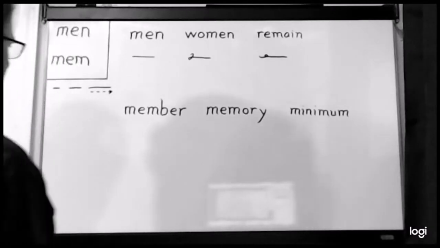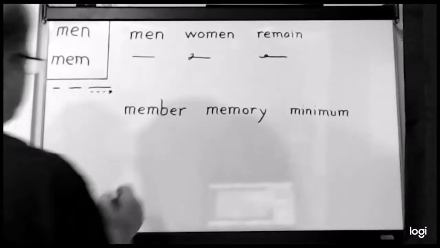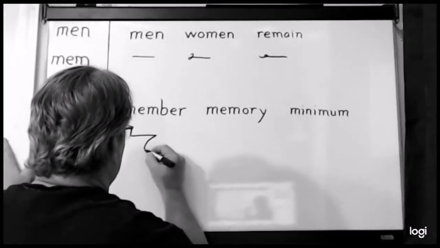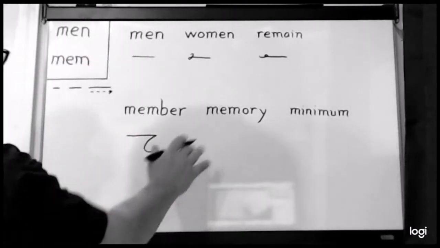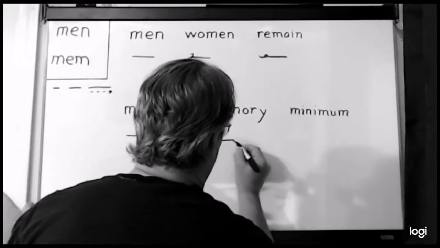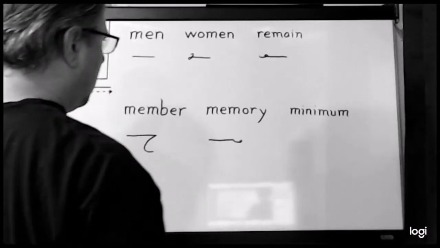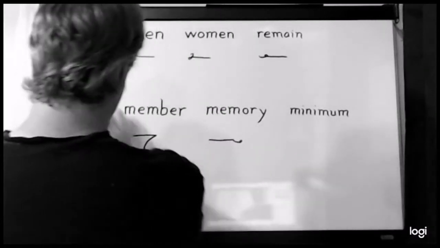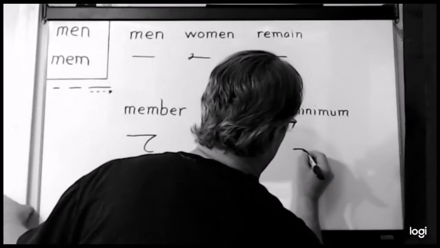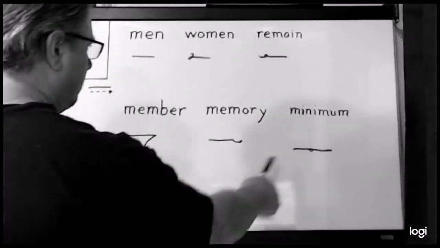For the word member, again, using the large stroke here, is going to be the M-E-M and then the B-R. For memory, will just be the M-E-M, R, and then the E for the Y at the end. Minimum is going to have two of these strokes in here. We're just going to write the min part, and then the I, and then the mum part. Minimum.